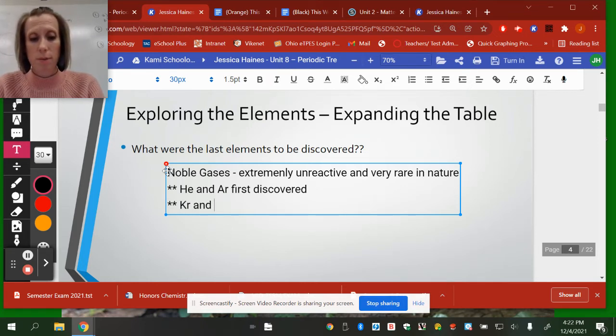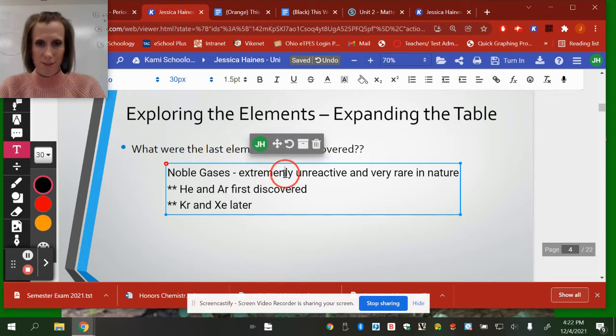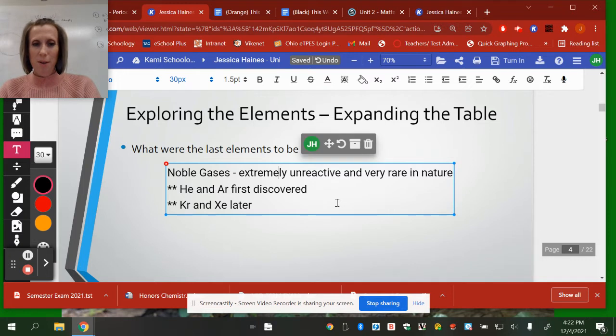So once scientists realized that these unreactive, rare elements were there, it created a whole family. I think once they discovered the first one, they were probably like, oh my gosh, there's this whole other column. There's got to be a whole bunch of other elements that fit in there. And so that was probably exciting for scientists to be able to discover all of the different noble gases in that family, knowing that they're there.